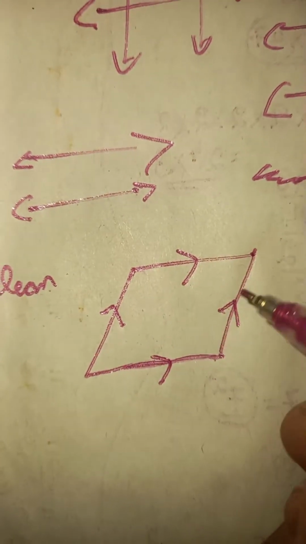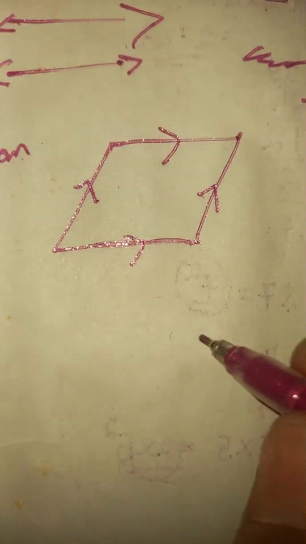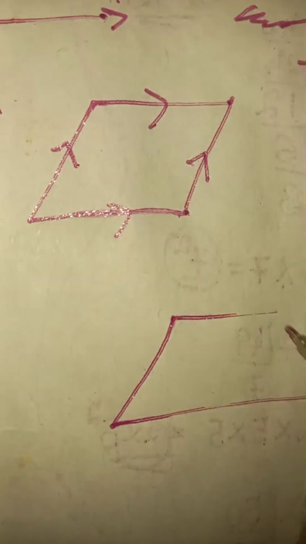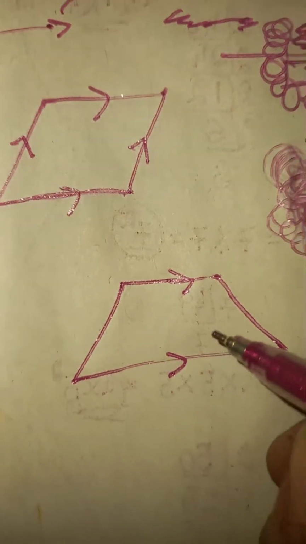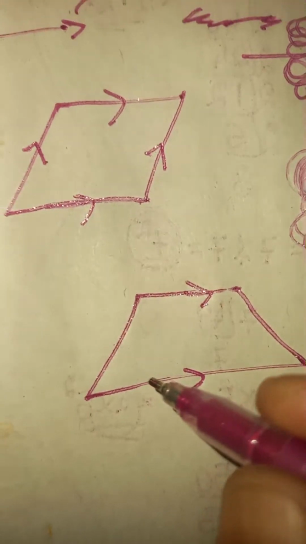When two pairs of sides are parallel, they are known as a parallelogram. In the same way, if you take a trapezium, in this trapezium only one pair of sides is going to be parallel. These two sides are going to be irregular.